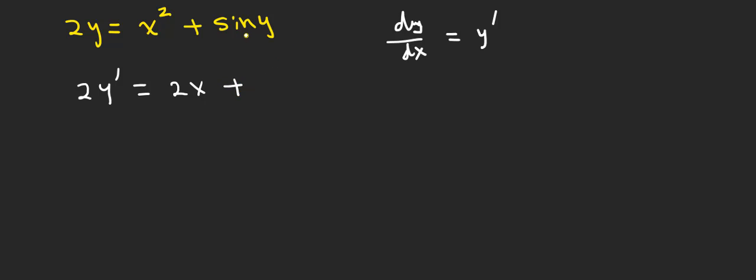Plus, what is the derivative of sine y? That's going to be cosine of y times, remember the chain rule? What's the derivative of y with respect to x? Well, that's dy over dx, which is the same thing as y prime. Now, we need to have y prime by itself, so we're going to put all the terms that have y prime on one side.